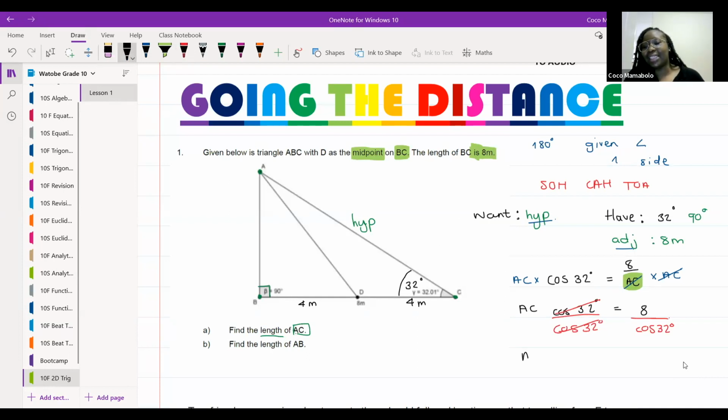So now we know that AC is equal to 8 over cos of 32. Now all I need you to do for me, Anotida, is pick up your calculator and type in 8 over cos of 32 and give me an answer. 9.43. Beautiful. 9.43. Let's not forget our dimension because they've given it to us in meters. So our answer would be 9.43 meters.